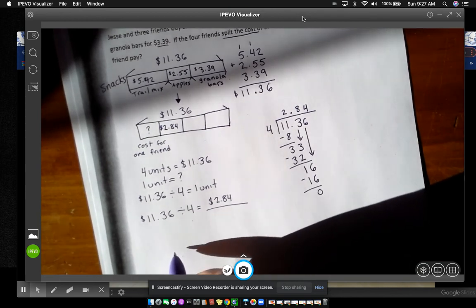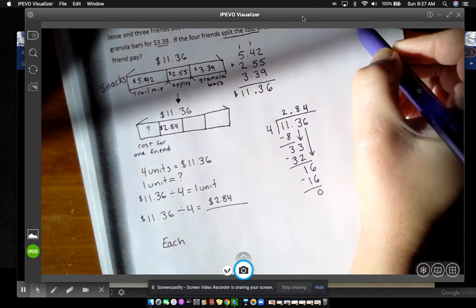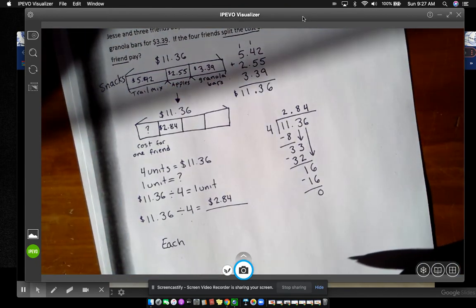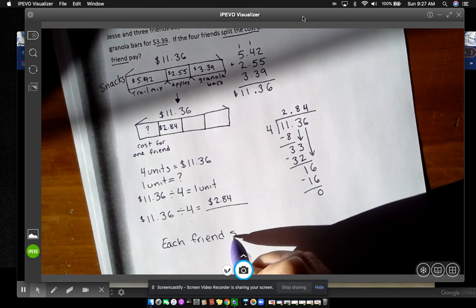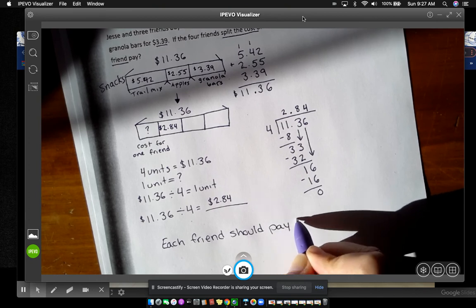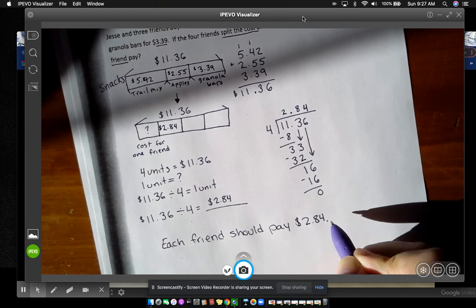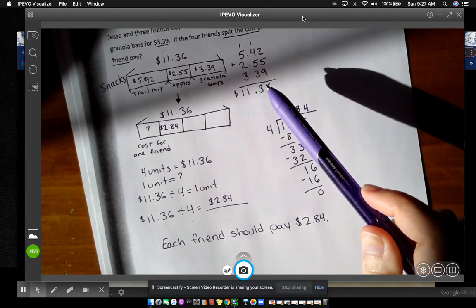Each friend, I'm taking my solution right from the question. How much should each friend pay? Each friend should pay $2.84.